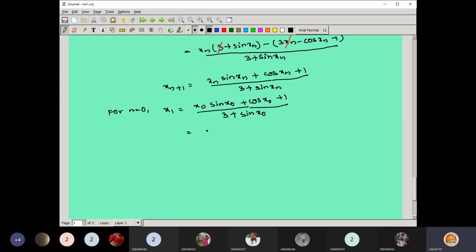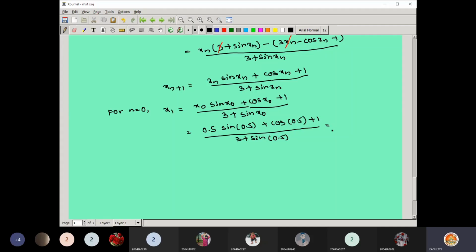I am just substituting the value. X naught is 0.5, so (0.5 sin of 0.5 plus cos of 0.5 plus 1), total divided by (3 plus sin 0.5). So you can open your calculator and find out the answer.